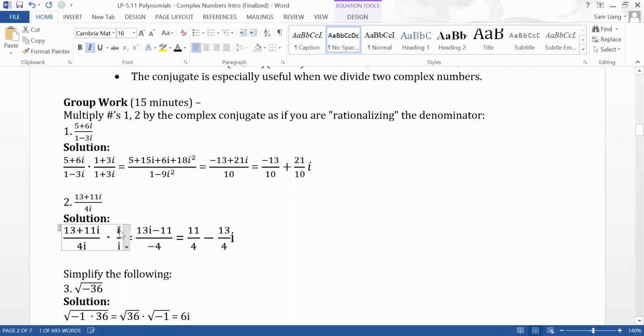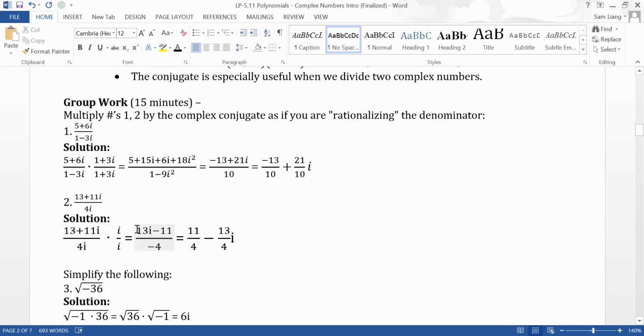Anyways, we have 13i, and then plus 11i squared. 11i squared is negative 11, because i squared is negative 1. In the denominator, we get 4i squared, so 4i squared is negative 4.